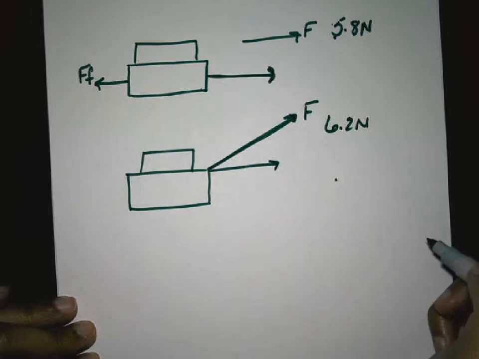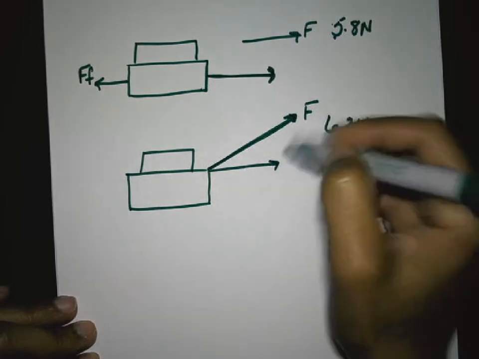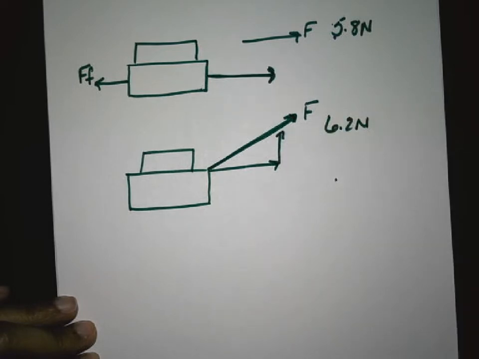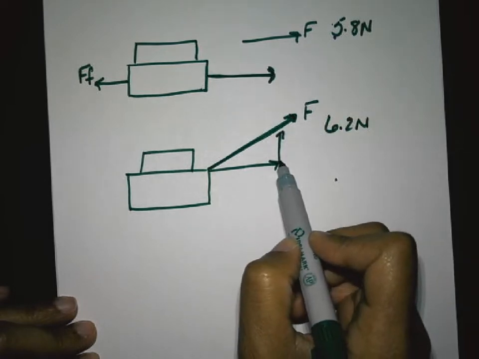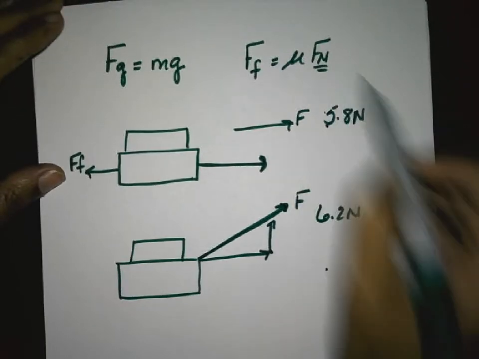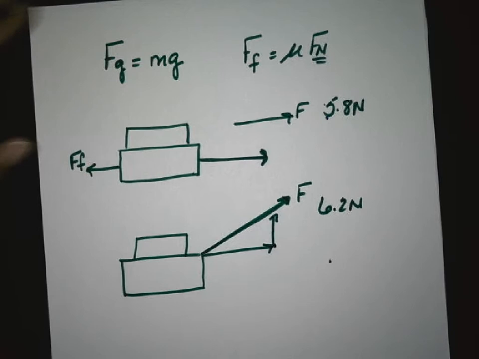It slides the block forward, but it also lifts the block a little bit. If you lift the block a little bit, you affect the normal force, because the normal force is that upward push from a supporting surface. And so you can affect friction depending on how you pull the block.